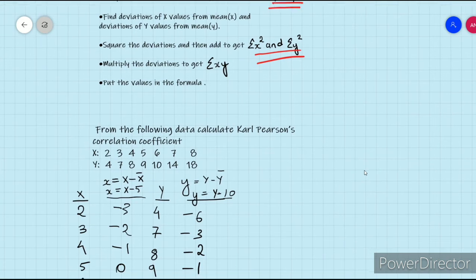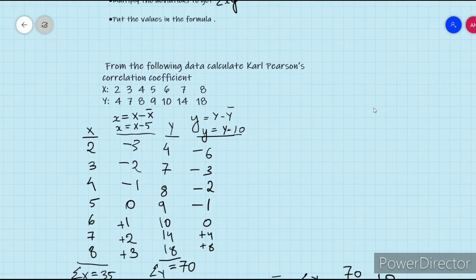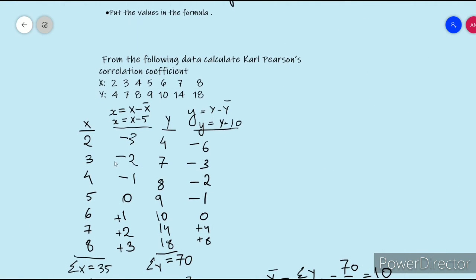The next step is to square the deviations, and you find the sum of the squares of the deviations. So small x square is nothing but the square of these values over here.